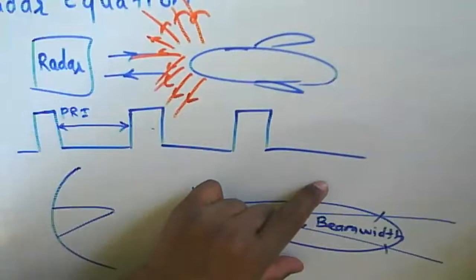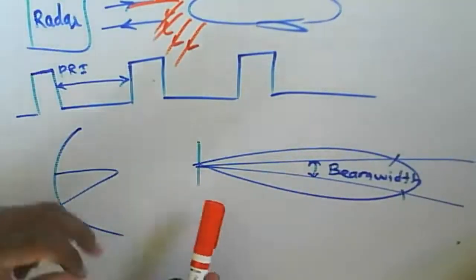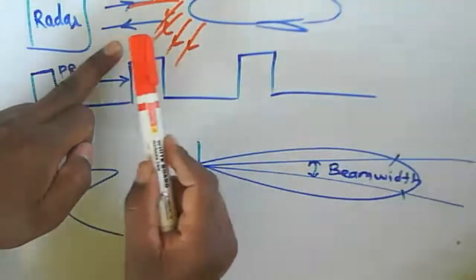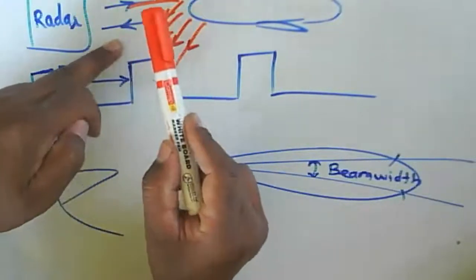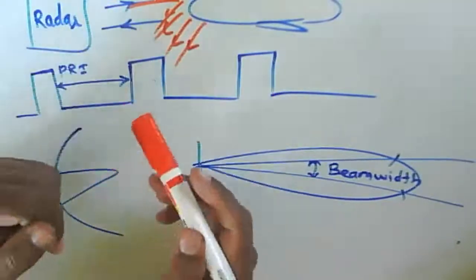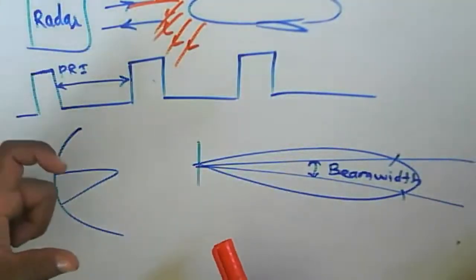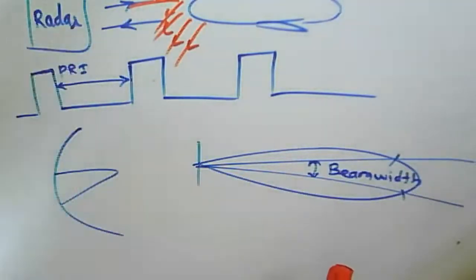Scanning depends on the beam width of the radar and how many pulses are transmitted from the radar. Suppose 100 pulses are transmitted, and out of 100, I get only 10 pulses. It means 10 pulses are received by the radar within a particular beam width.